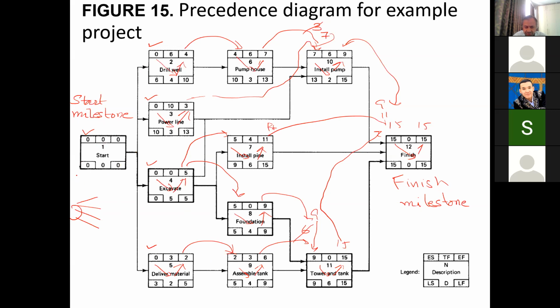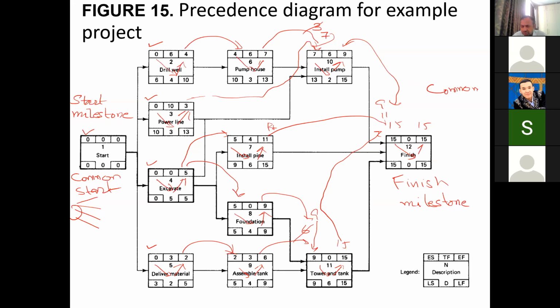Okay, so this provides a common start. And similarly, these 3 activities, 10, 7, and 11, have no successor activities. So therefore, a successor milestone over here provides a common finish.